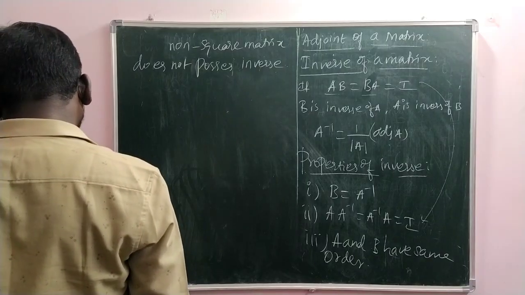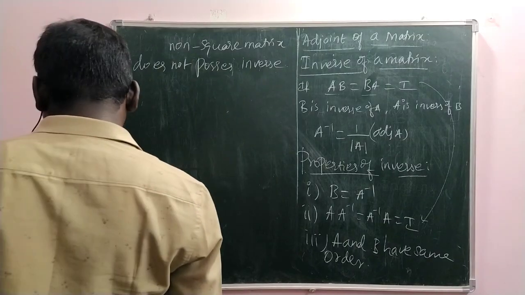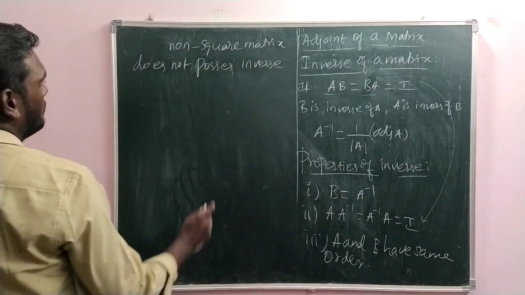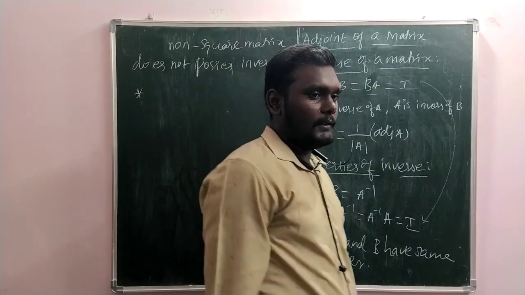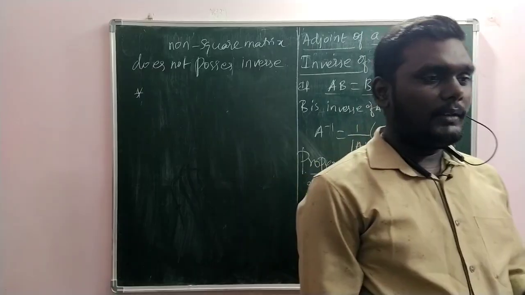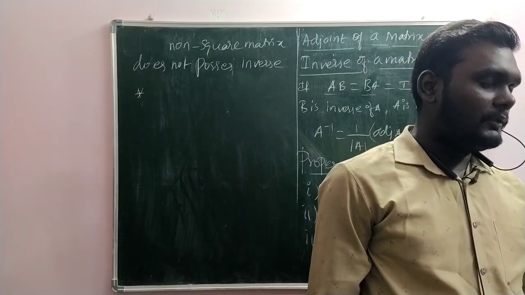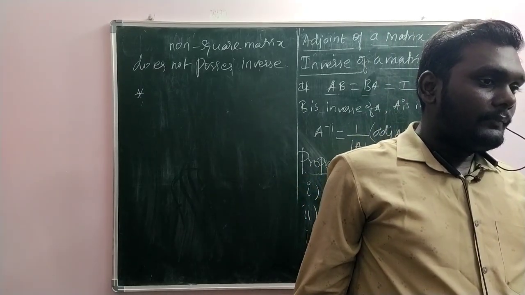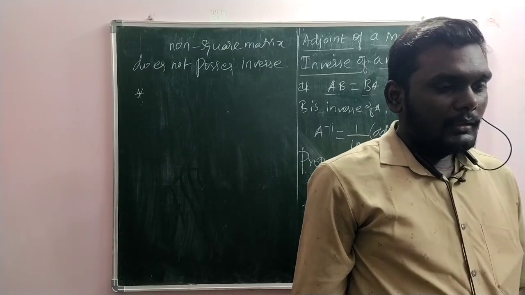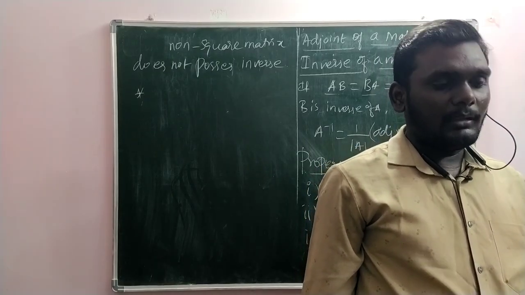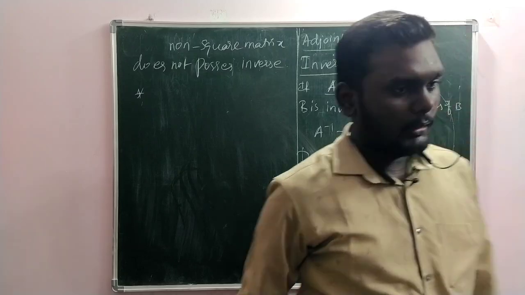And every square matrix need not have an inverse. If it possesses an inverse, then A is said to be invertible. So, we said that only for a square matrix the inverse exists. But it happens that for some square matrices the inverse does not exist. Why? We discussed this point. Why will the inverse not exist? They become singular, not non-singular. Okay.